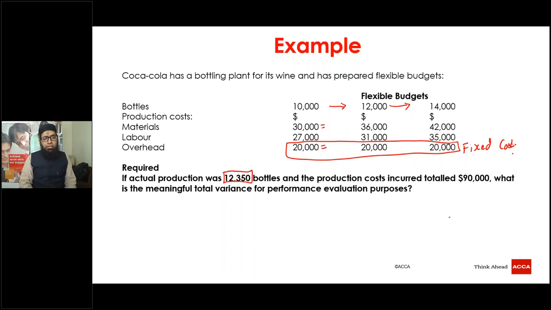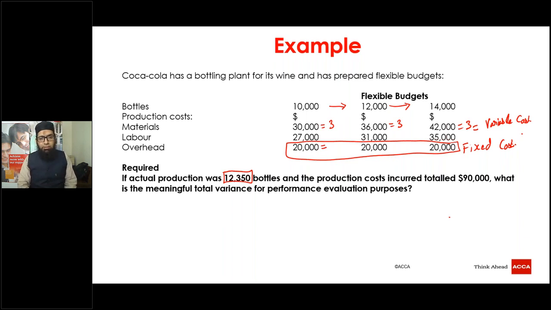Now to estimate the others, we will calculate the cost per unit. If we calculate the material cost per unit, it will be $3. And this is the same at all three different activity levels. Because the cost per unit is the same, that means it is a variable cost.